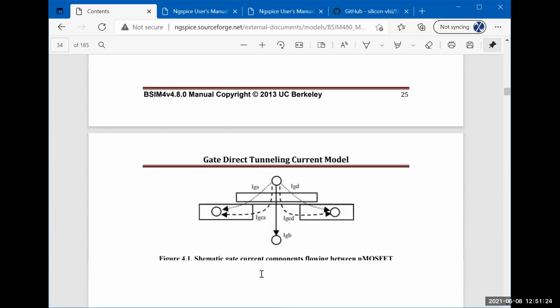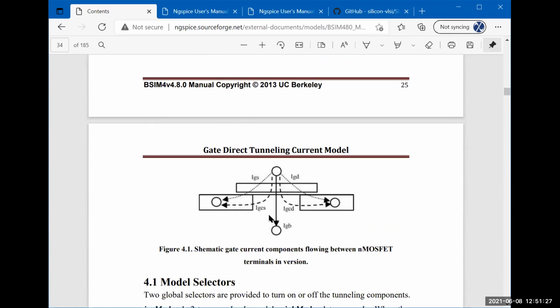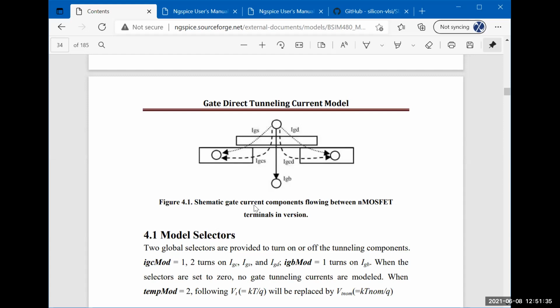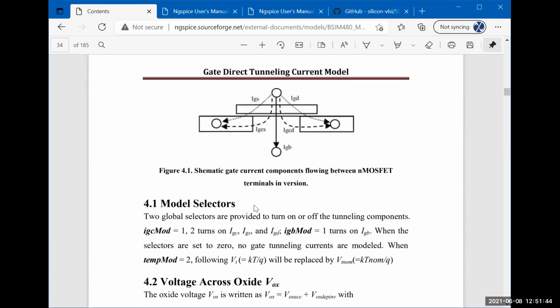Direct tunneling, which we haven't talked about because we have been assuming a thick oxide, so there is no gate current. But there are quantum effects once you're talking about gate oxides which are as thin as 7 angstrom or 8 angstrom, right?